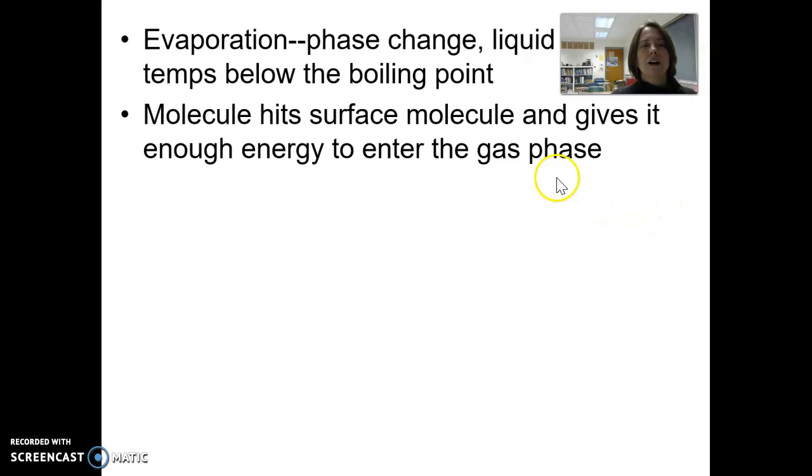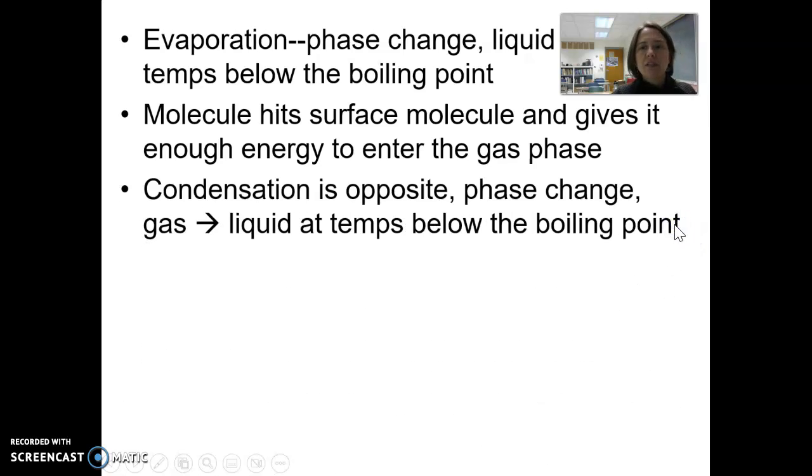Well, you're evaporating it. Molecules are always moving around, and sometimes a molecule hits a surface molecule and gives it enough energy that that molecule goes into the water vapor stage. On average, not all the molecules have enough energy to be gas, but one can be higher than average and leave.